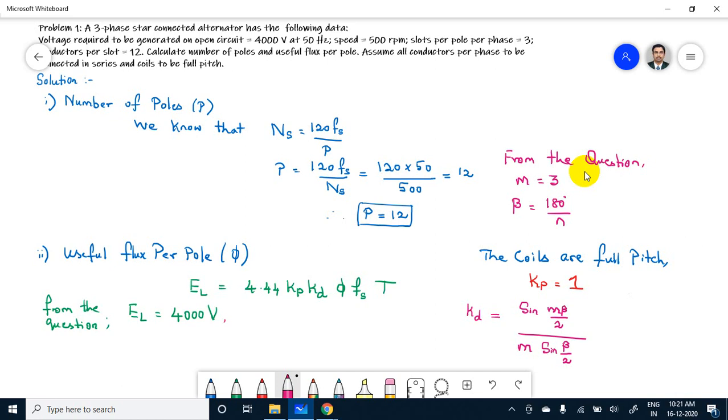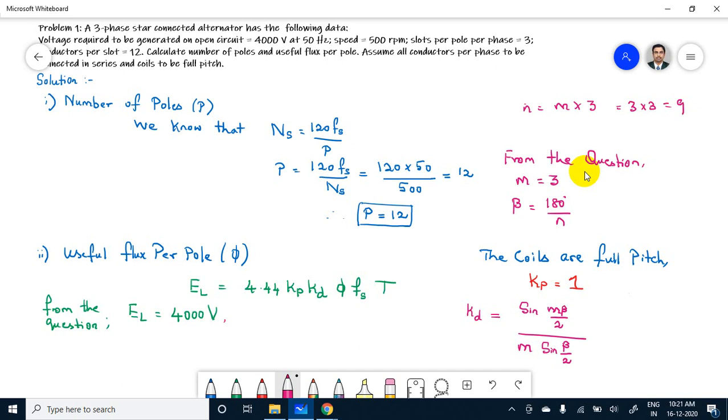Number of slots per pole, we have n equal to m into 3. This 3 is nothing but 3 phase. So m equal to 3, it's already there. So 3 into 3 will get 9.